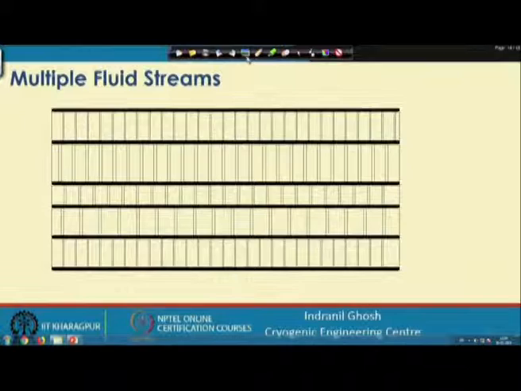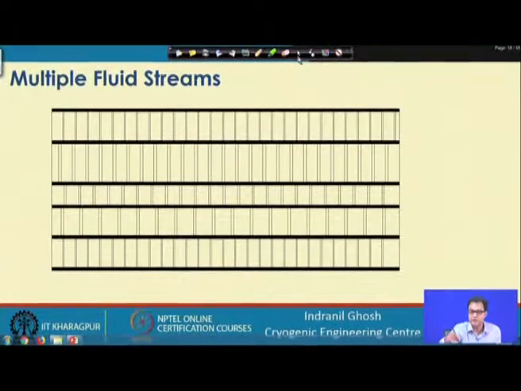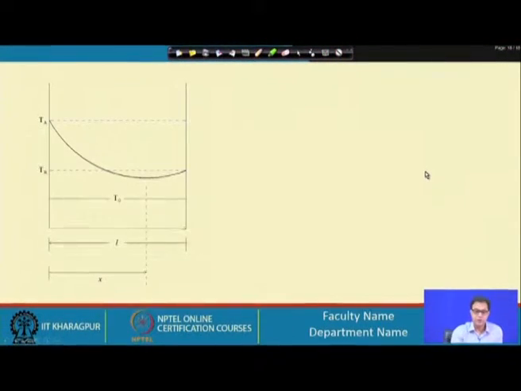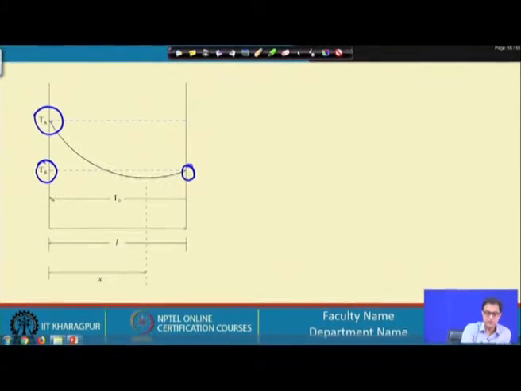If we look at this diagram, it may be a situation where this is T A, and this end is at T B. The fluid temperature flowing on top of that fin is at T 0, and its minimum is somewhere at this point x, where the total length is L.